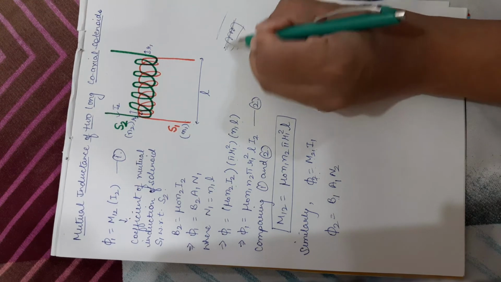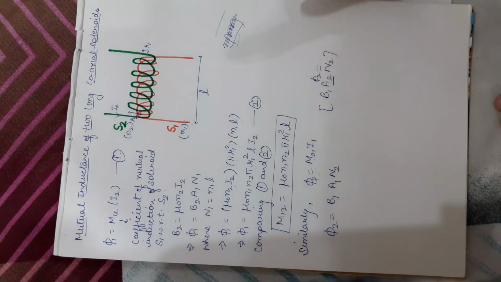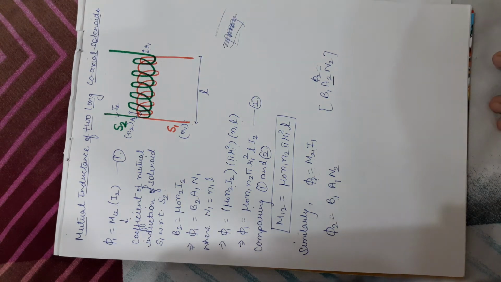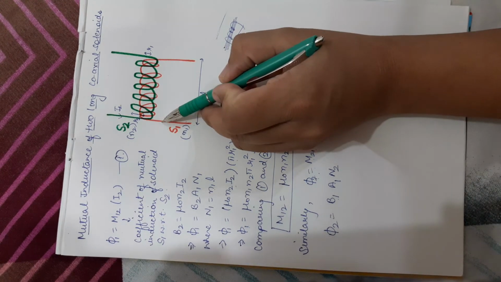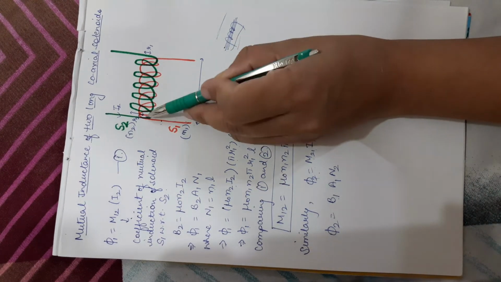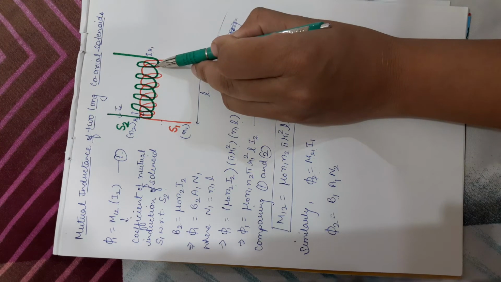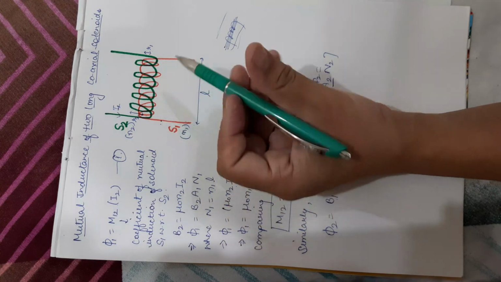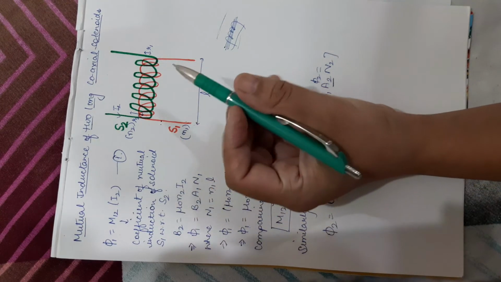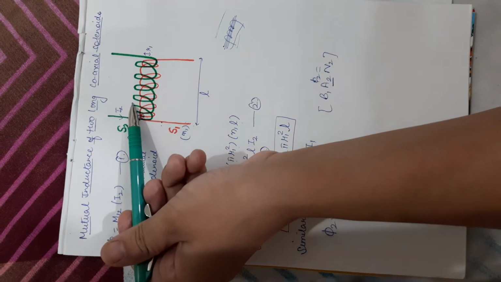So whatever magnetic field lines there are, they are present only in the smaller area, which is the inner solenoid. So the magnetic flux due to S1 is confined only inside S1, right? Because we are assuming it to be an ideal solenoid, very long in length, so there is no magnetic field outside S1.